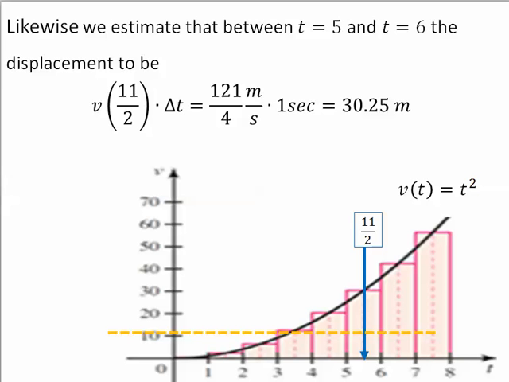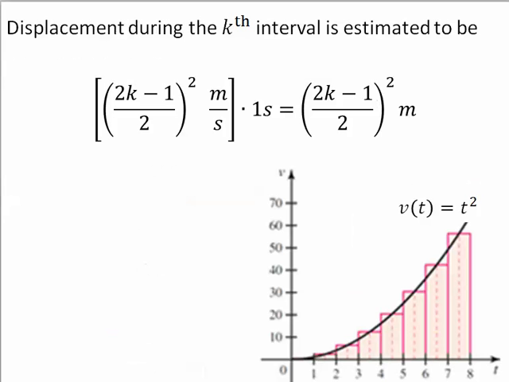Likewise, between t equals 5 and t equals 6, we estimate the displacement to be 30.25. Displacement during the kth interval is going to be ((2k minus 1)/2) squared, in meters.